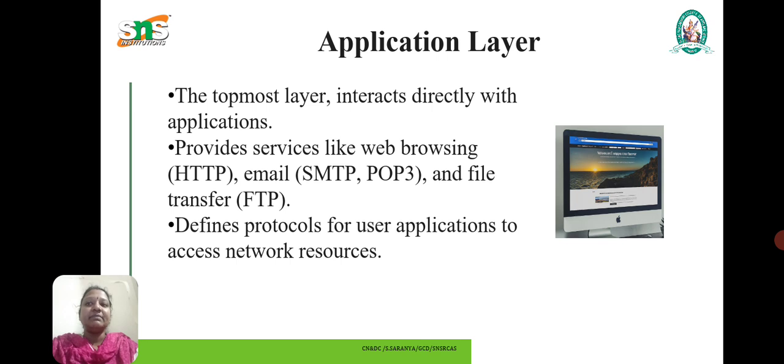Common examples of application protocols include HTTP, SMTP, POP3, FTP. HTTP is Hypertext Transfer Protocol, which is used for web browsing. SMTP is Simple Mail Transfer Protocol. The next is POP3, Post Office Protocol. It is mostly used for email. Simple Mail Transfer Protocol is also used for email. FTP is File Transfer Protocol. It is used for file transfer operations.